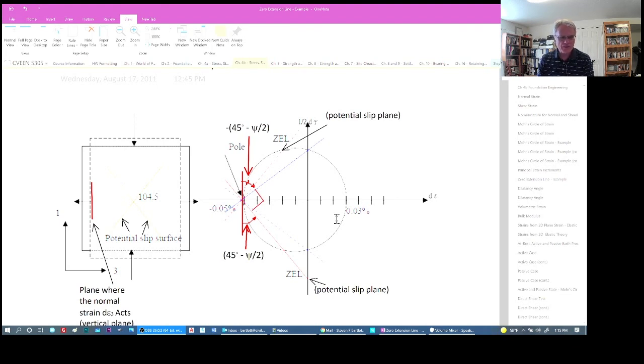So the question we might have is, where do the failure surfaces begin to develop in this particular specimen? They are predicted here by these orange lines.